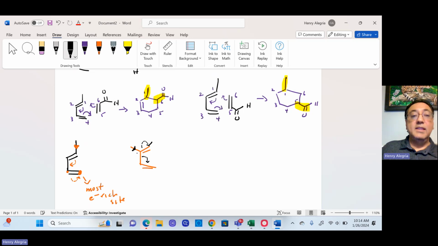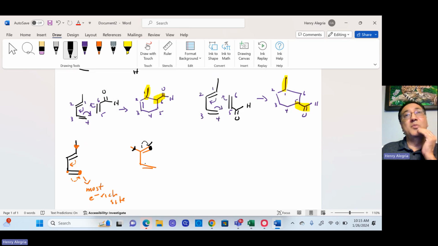The problem with that, think back to resonance, is you would be breaking that bond. And if you break that bond, you've destroyed your diene, and therefore this isn't going to work. That is why the movement occurs the other way, which means that in this case, your most electron-rich site is going to be that carbon. So you see how you can find that.